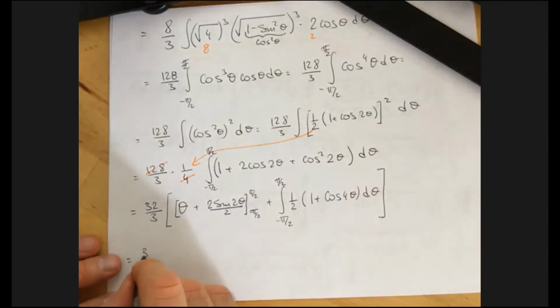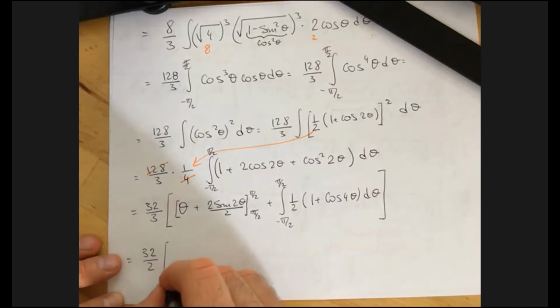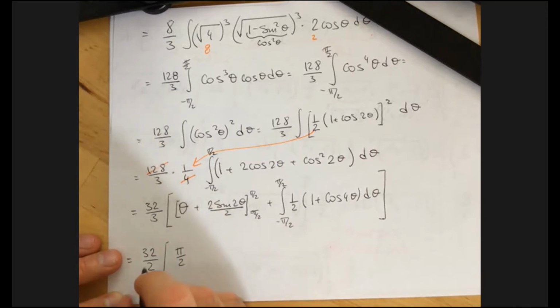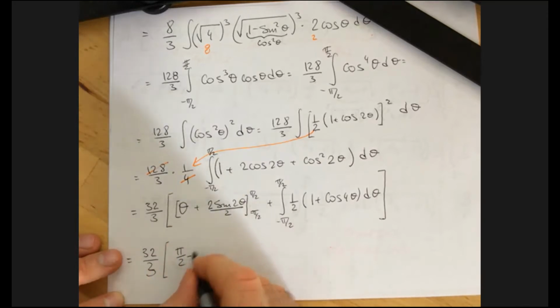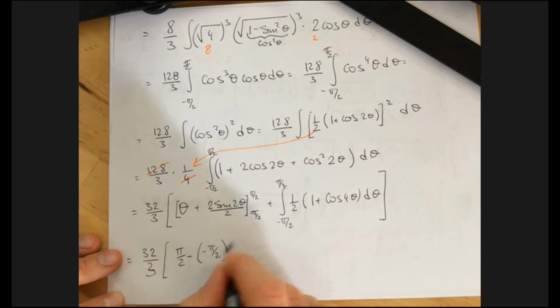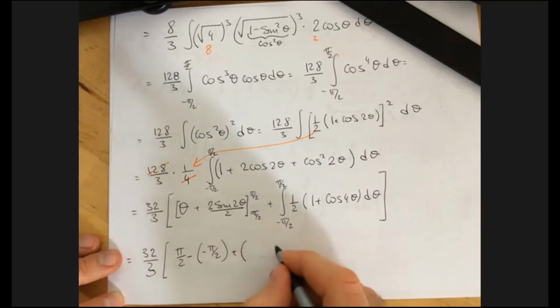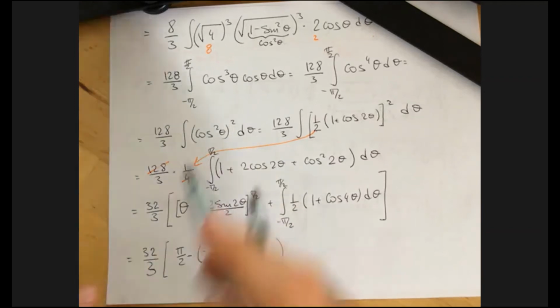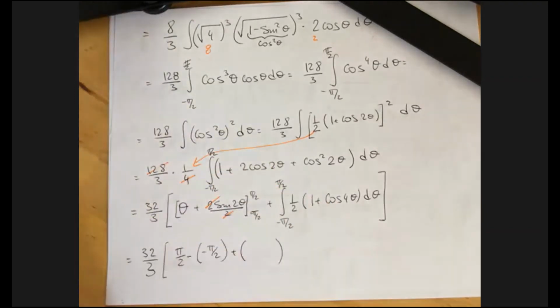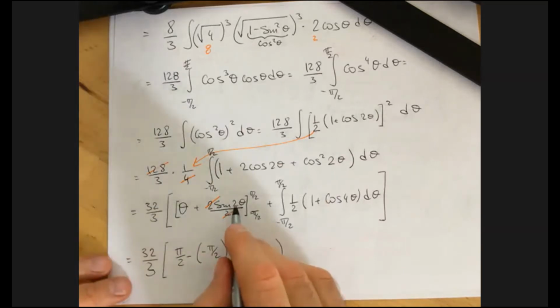So that's equal to 32 over 3, plug pi over 2 in for theta, minus negative pi over 2, right? Plus, these two are gone, okay? Sine of 2 times pi over 2 is sine of pi, which is 0.